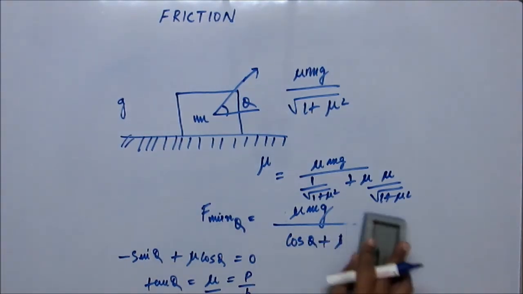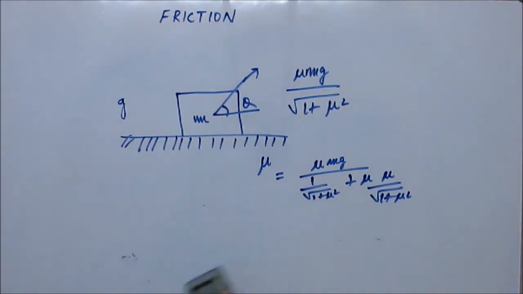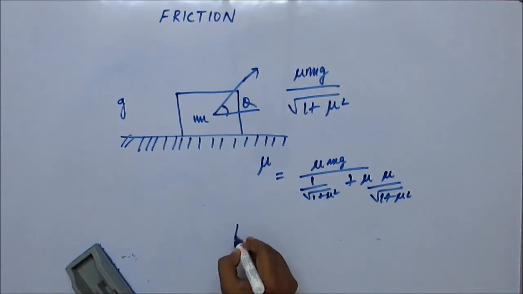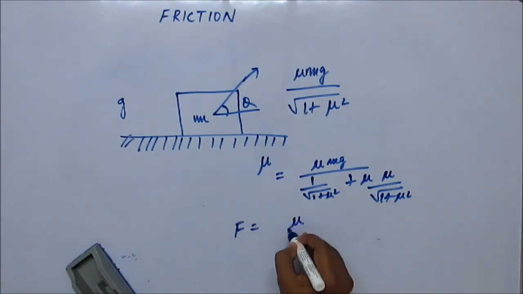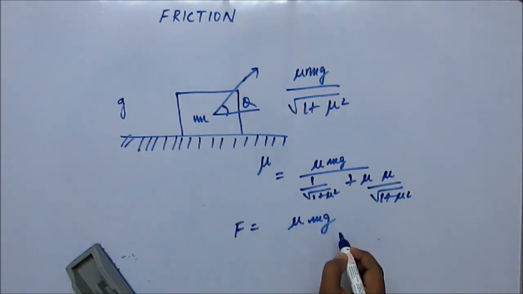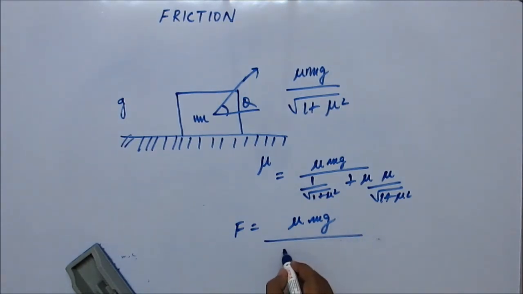Okay, so from here we can see that the expression of force is going to come out as mu mg upon root over 1 plus mu square. So that is the minimum force that will move the block.